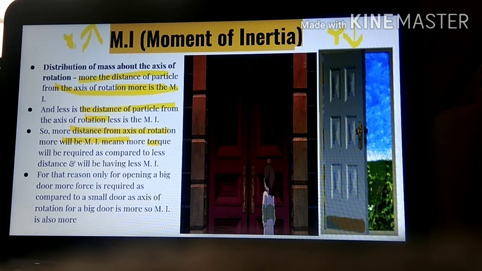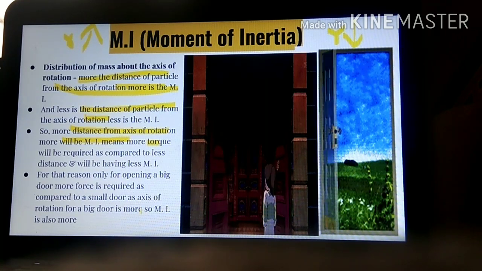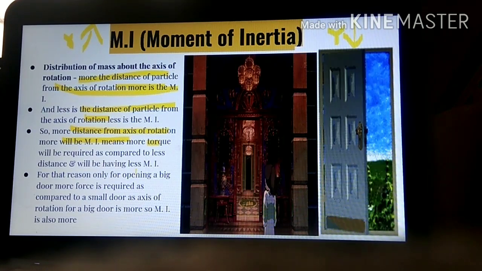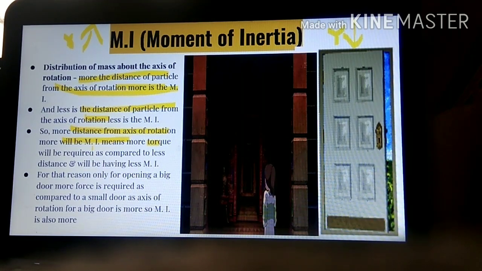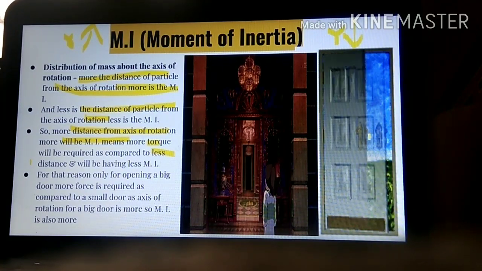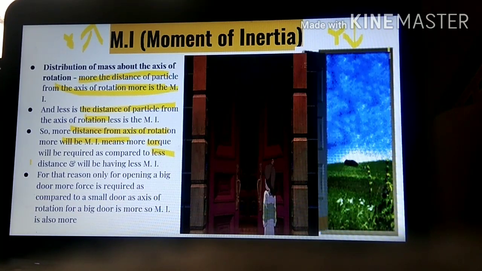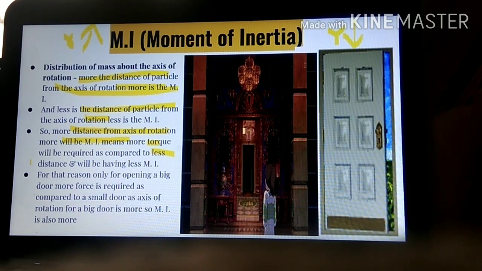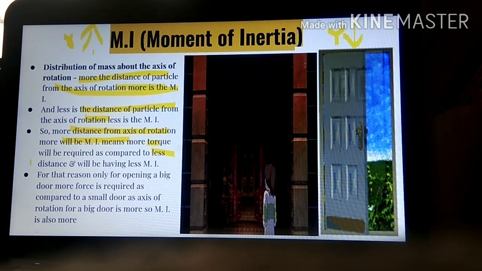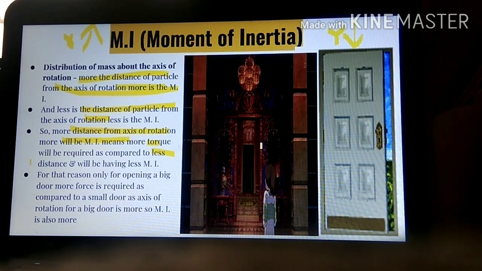If the radius is more, meaning distribution is more, then moment of inertia will be more, as well as torque. Over here distance is less, so moment of inertia is less, and torque will also be less. Over here distribution is more, meaning R is more, so moment of inertia will be more, and torque required will also be very high.